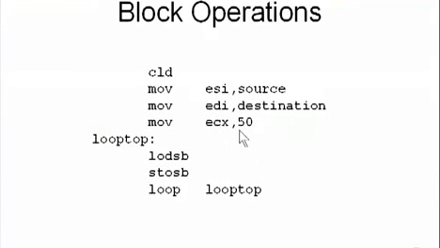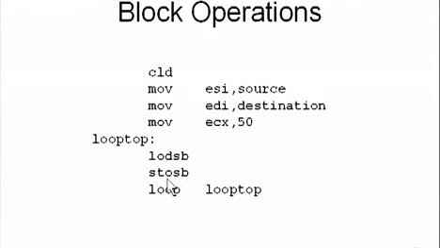The only thing left is to set up a counter. This is the number of bytes to be copied. In this example, it's 50. The rest of the code is the loop that does the actual copying. The LODSB instruction copies an 8-bit value from the source into the AL register and then adds 1 to the ESI register.